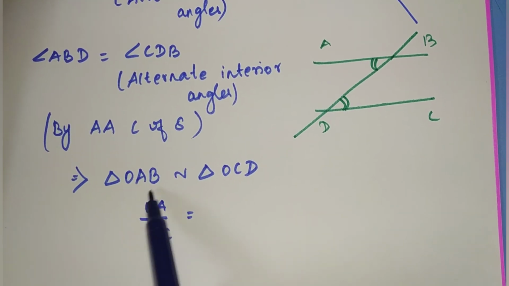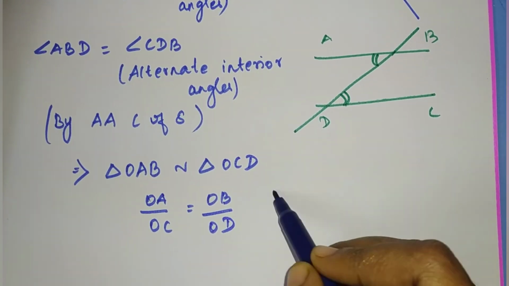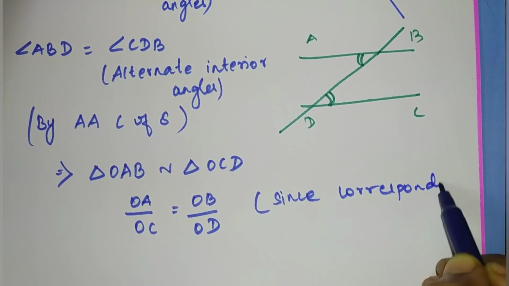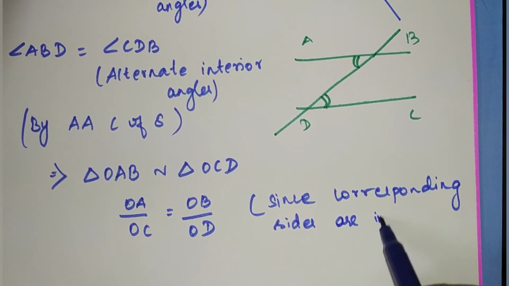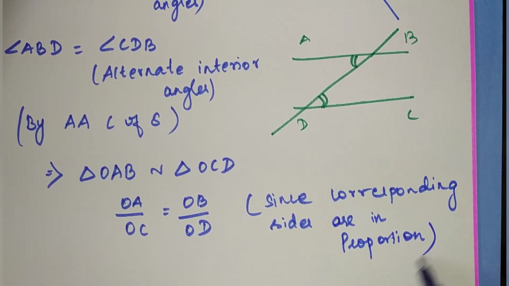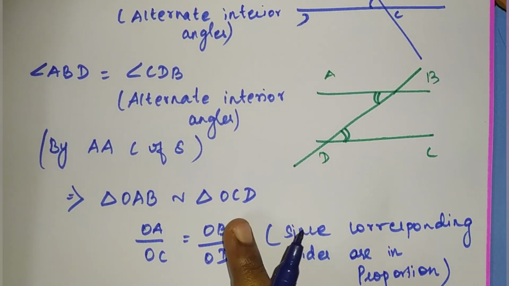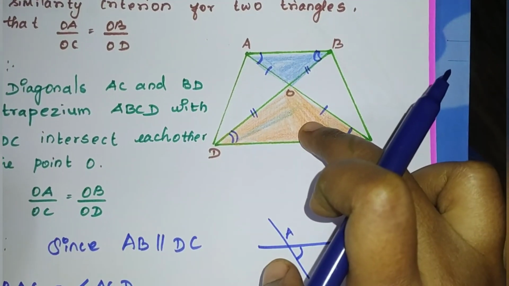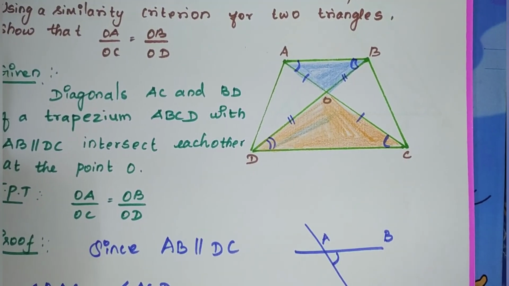And then OB divided by OD, since corresponding sides are in proportion. Clear, all of you? So we proved that OA divided by OC is equal to OB divided by OD. Two things only. We have to take the two triangles and prove they are similar, and then we can conclude that the corresponding sides are in proportion. Thank you.